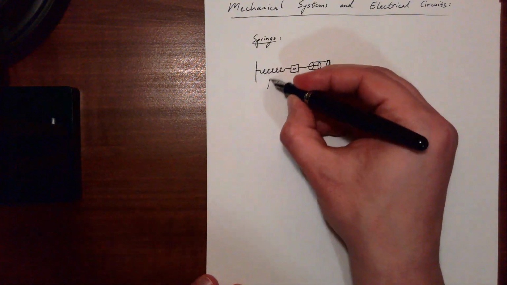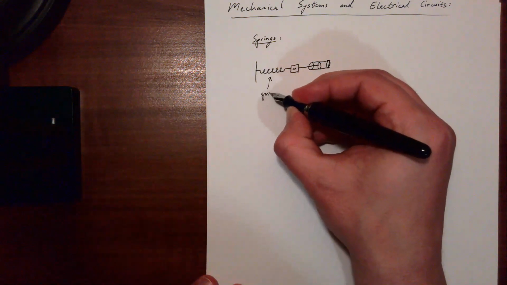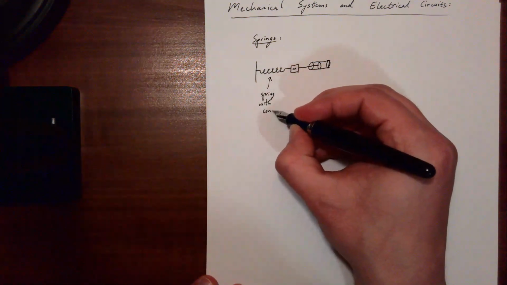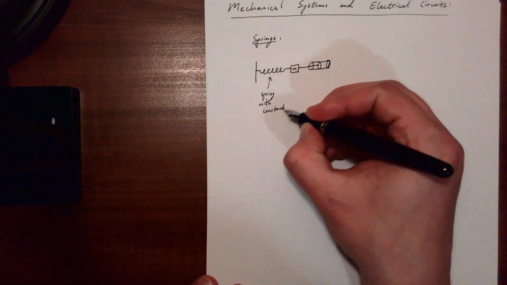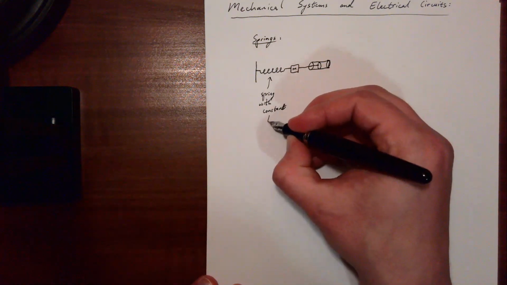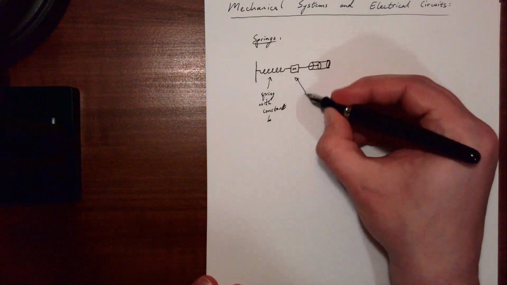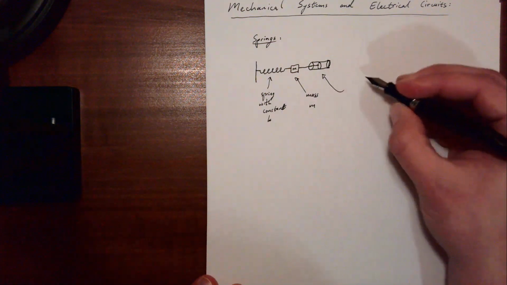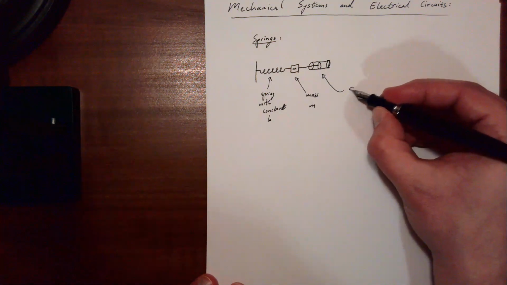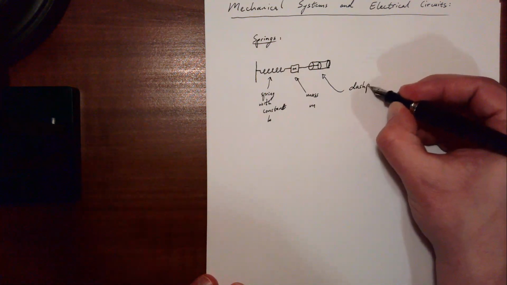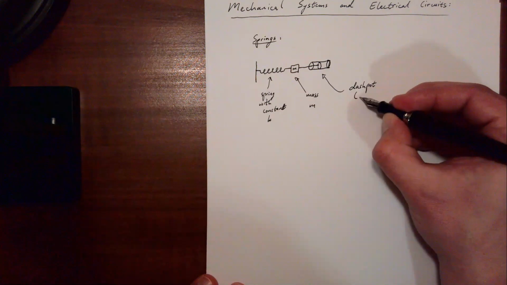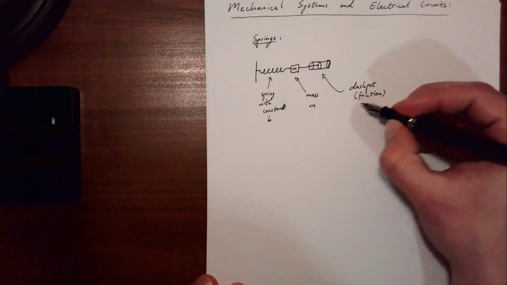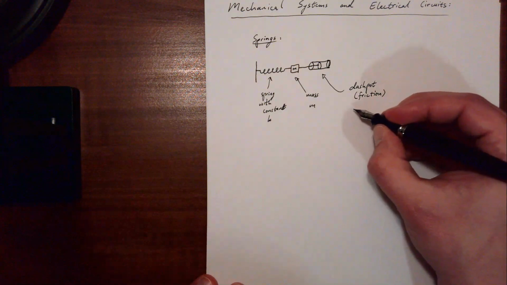So this is a spring with constant k, mass m, and then a dash pot, i.e. friction, with a coefficient of c.